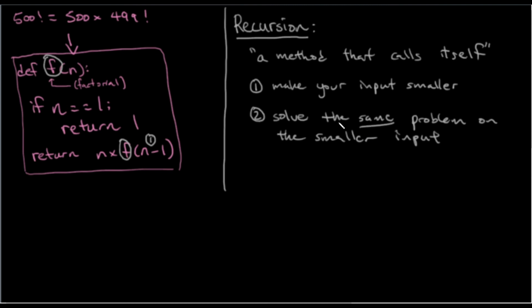In other words, we're still solving the factorial problem here. Right? We still want to know the factorial of the smaller input. So that is our second step right here. We made our input smaller, we changed n to n minus 1, and then we want to find f of n minus 1.